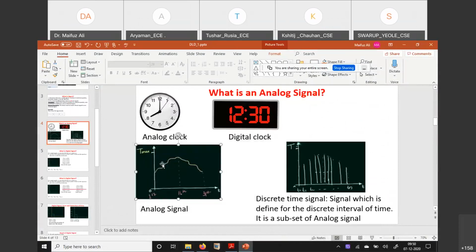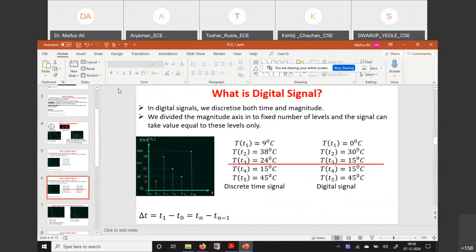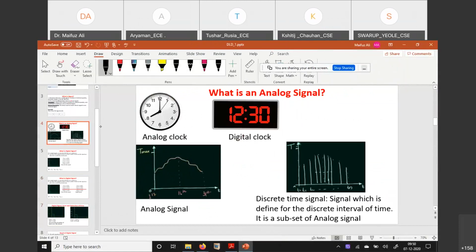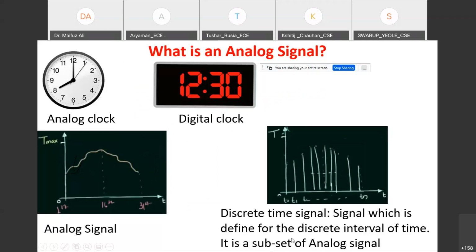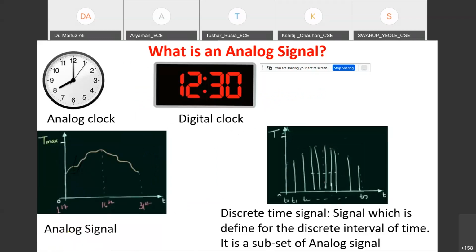Okay, this is your analog signal. You can see it is a continuously varying signal, but the digital signal is discrete in both cases. So if it is an analog signal, then the digital signal will be in this way.